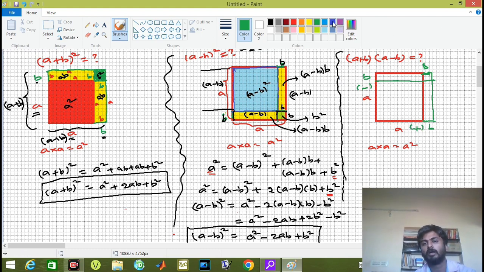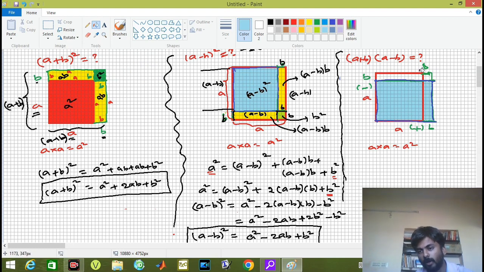Because I want to find the area of this length and this breadth, for that I want to create a formula.